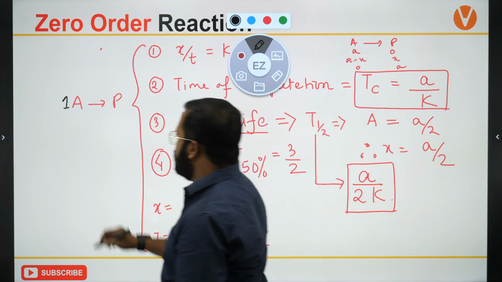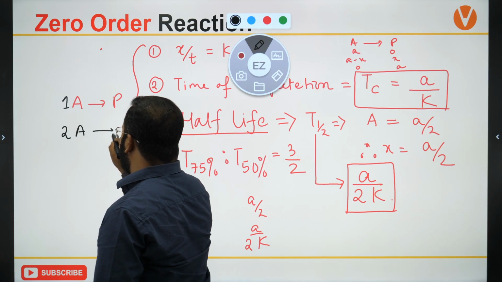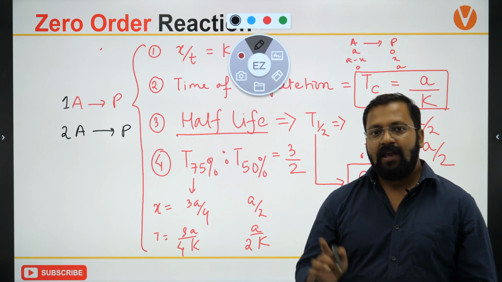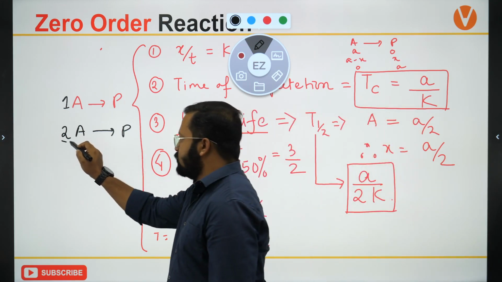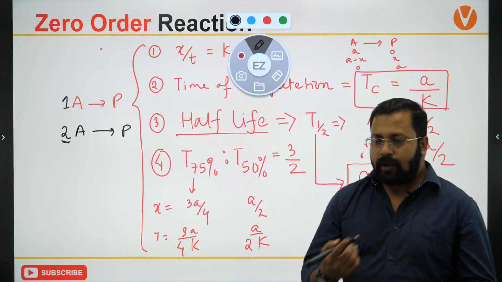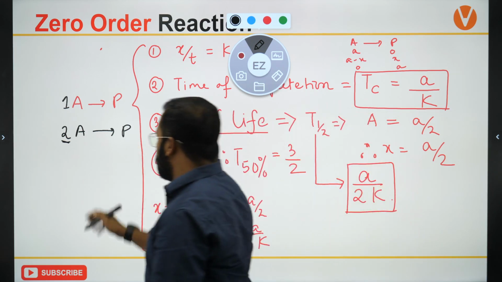Now, if the question is given in this form, 2A changes to products, in that case, please do remember to incorporate this change when you are doing an integral. How would you incorporate this change?